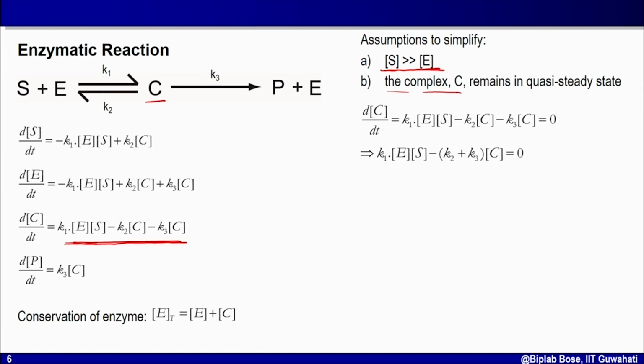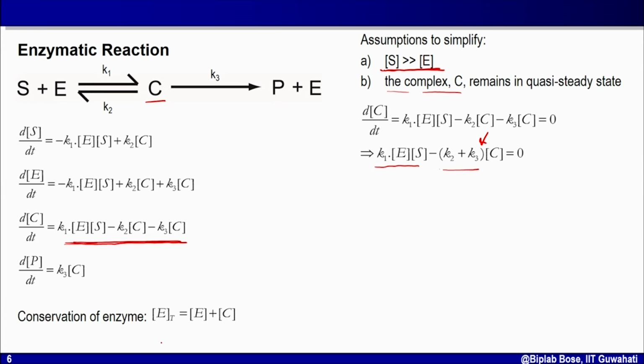K2 and K3 both are associated with C, so I have taken them together. So I write the algebraic relation like this: K1 into E into S minus (K2 plus K3) into C is equal to 0. This is very simple. Now I have assumed a conservation.